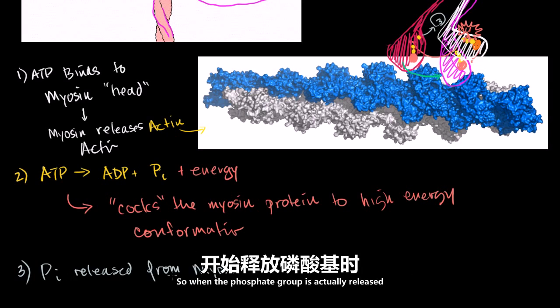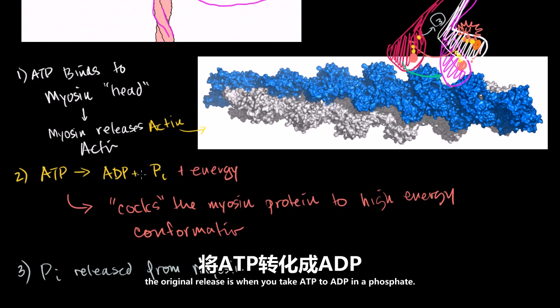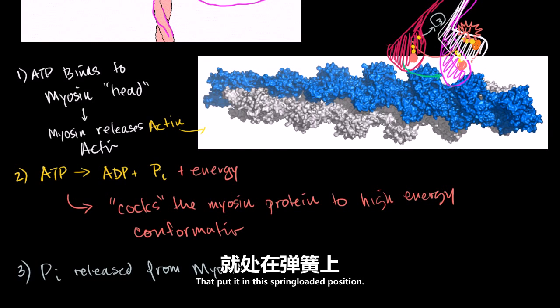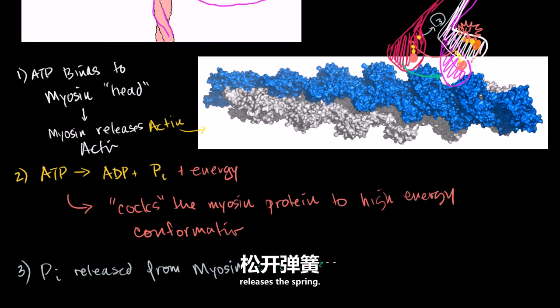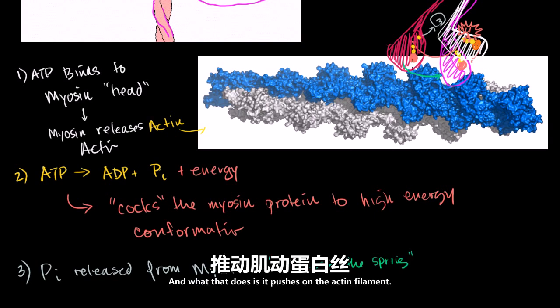So when the phosphate group is actually released, remember, the original release is when you take ATP to ADP and a phosphate. That put it in this kind of spring-loaded position. When the phosphate releases, it releases the spring. And what that does is it pushes on the actin filament.